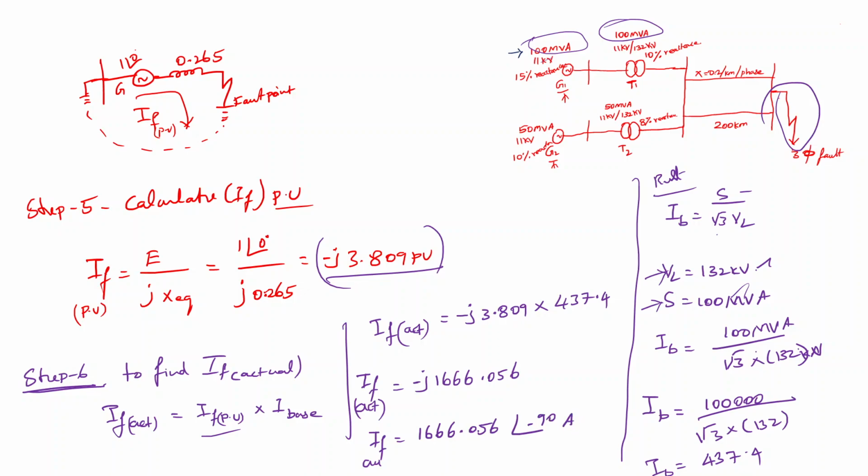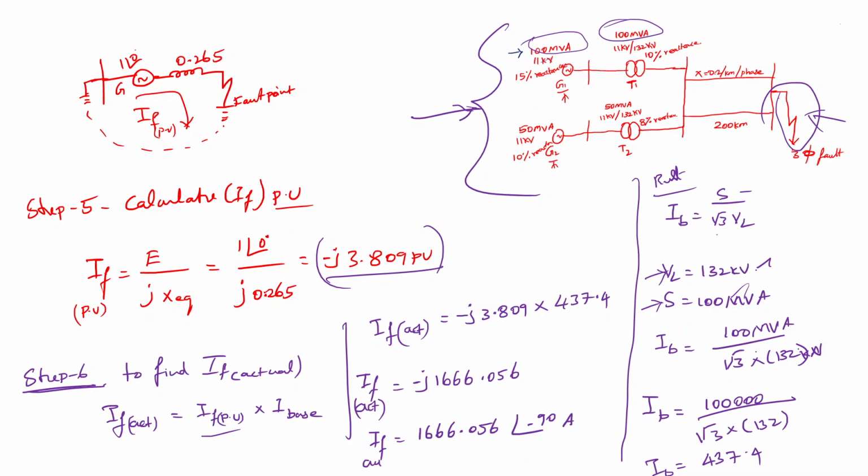So what you understand is, for the given system, the fault current IF, the maximum current, will be 1666.56. Usually we will not care about the angle, but the maximum fault current here we will get as 1666 amp.